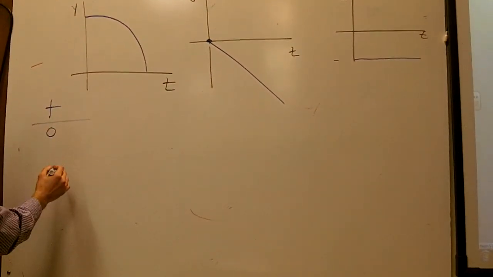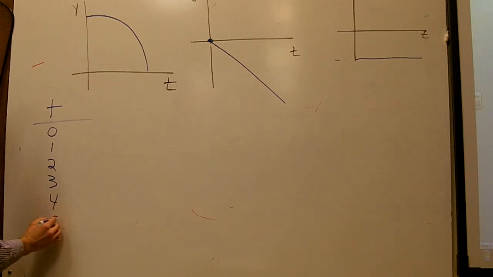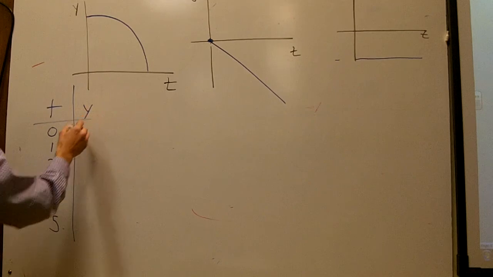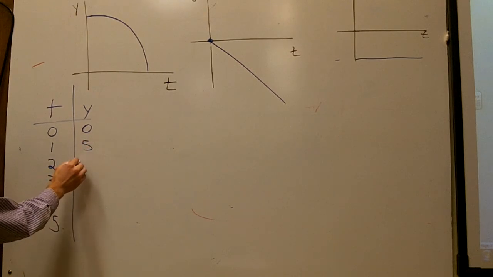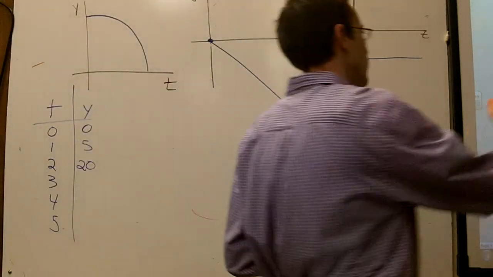So 0, 1, 2, 3, 4, 5. And then we got our positions. Again, he's over there, he's at position 0. He's at 5. Then he goes to 20. Over here at position 3, 1, 2, 3.